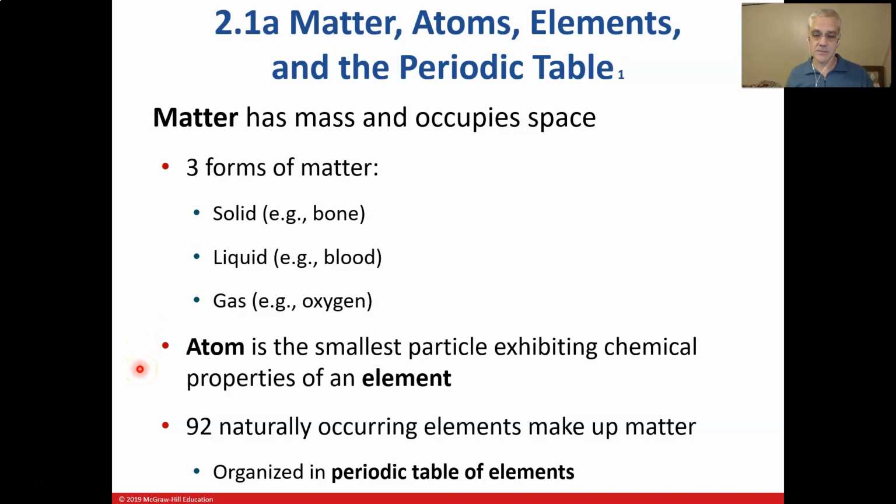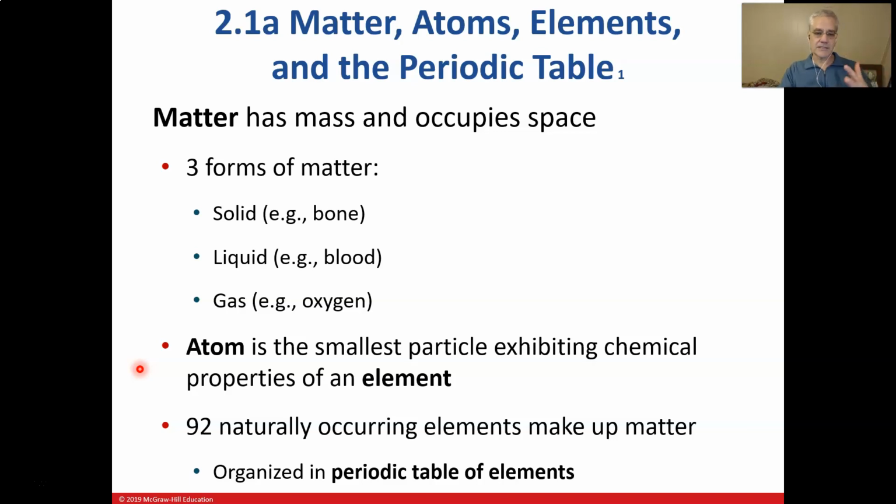So an atom is the smallest particle exhibiting the chemical properties of an element. It's a little bit of a circular definition, but an atom is electrically neutral and has the properties of the rest of that particular element. So there are 92 naturally occurring elements that make up matter.